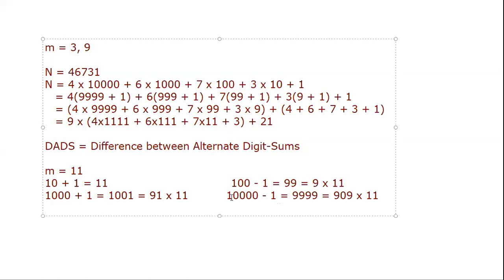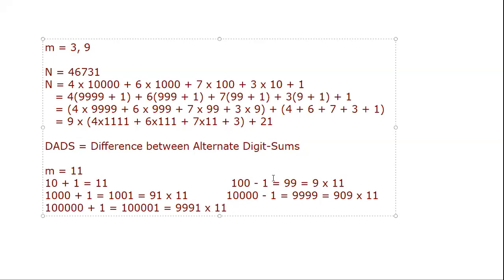And you can keep going. If you have 10 to the 5th plus 1, that will give you something like 999, and so you can see how for the odd powers of 10, if you add 1, you get a multiple of 11.